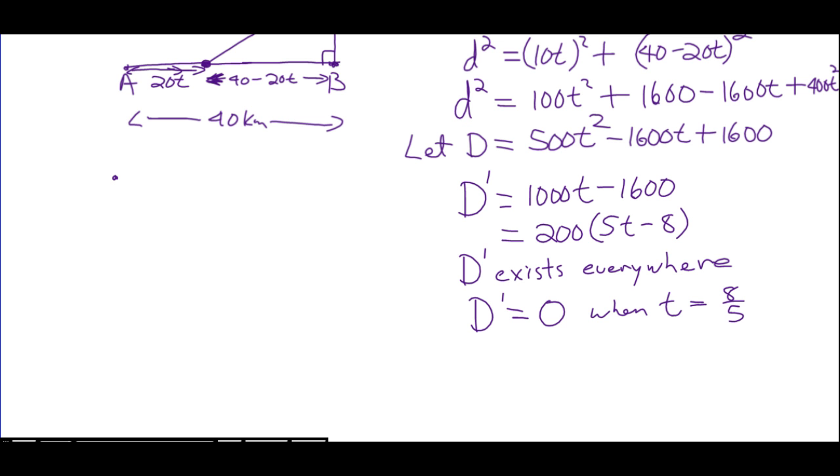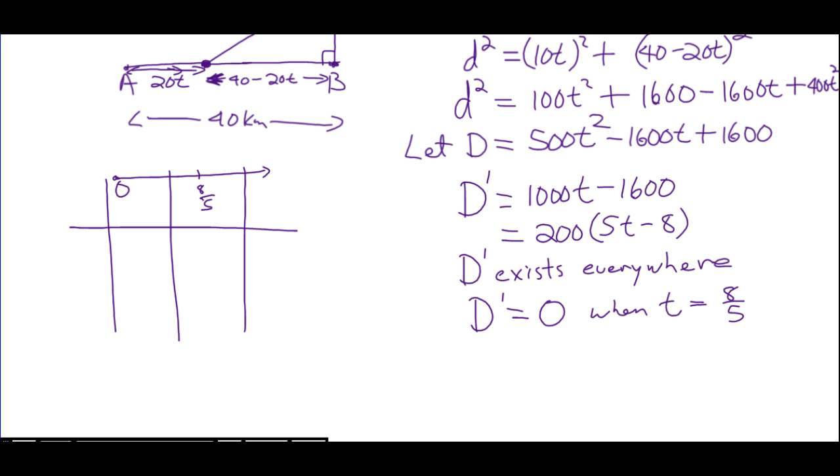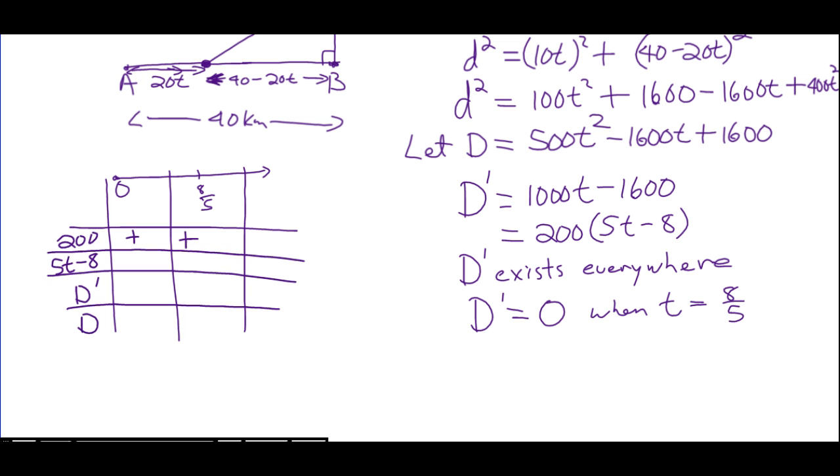So our time starts at 0, and we've got a time of 8/5, and we've got two factors, 200, 5t minus 8, tell us about D prime, and tell us about D. So 200 is always positive, right, because it's 200. 5t minus 8, it's going to be negative here, and actually, wait, this should be the 8/5 here.